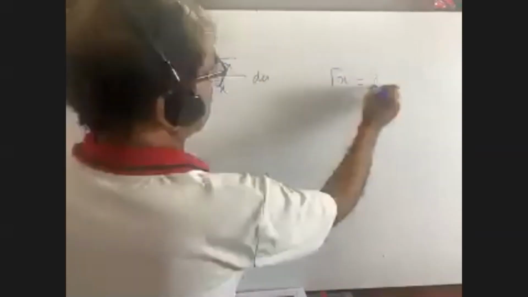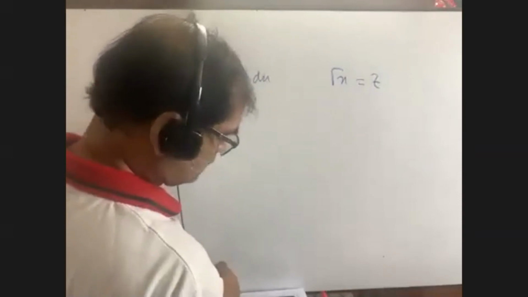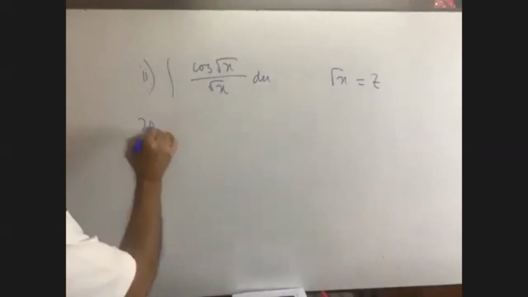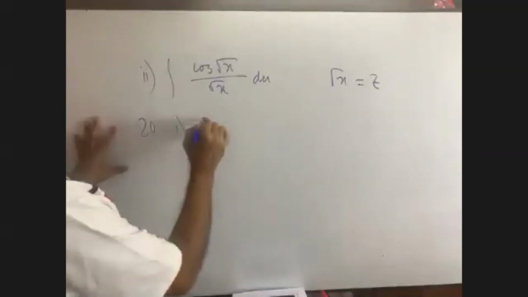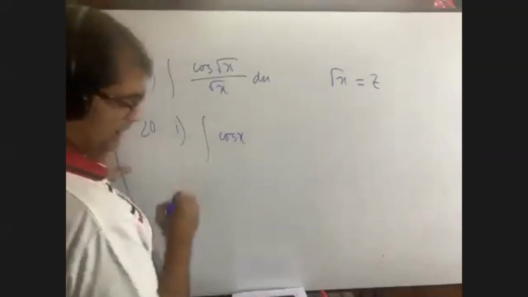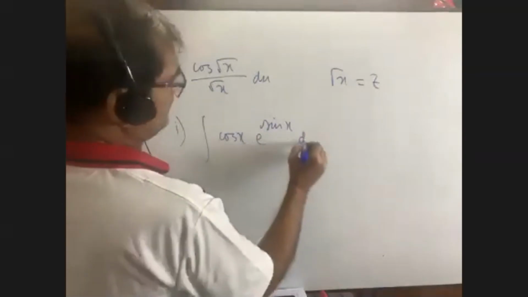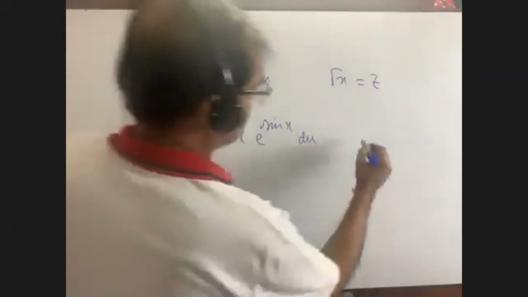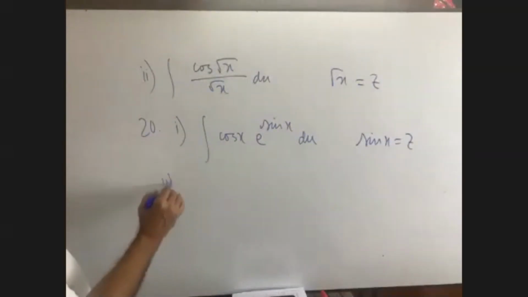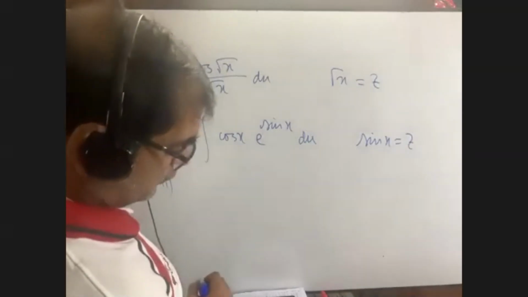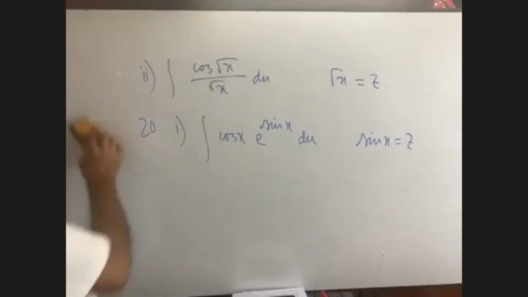Here, root x equals z. Then question number 20: cos x e to the power sin x dx. You will let sin x equal z. You take these two maths as homework.